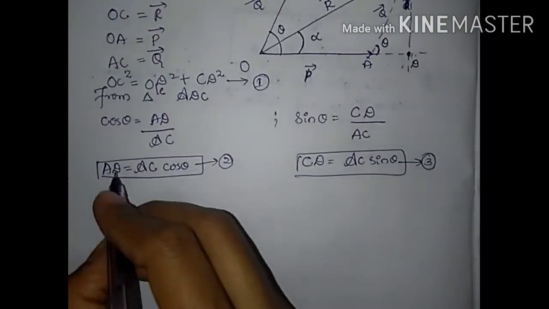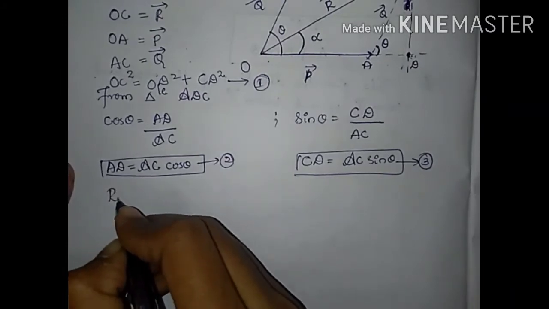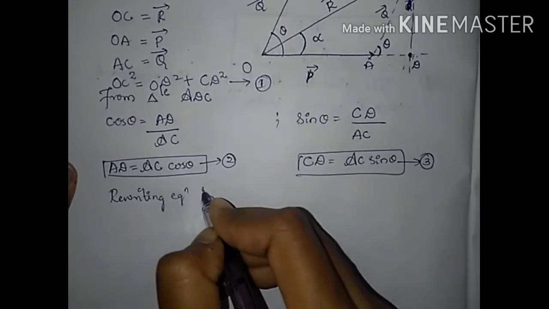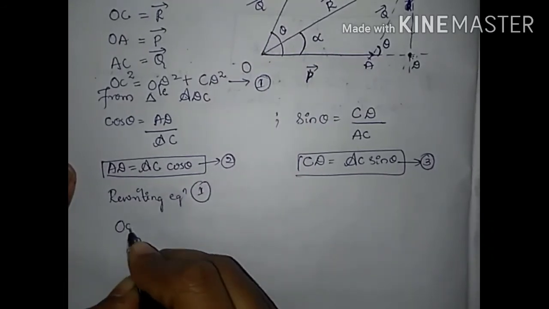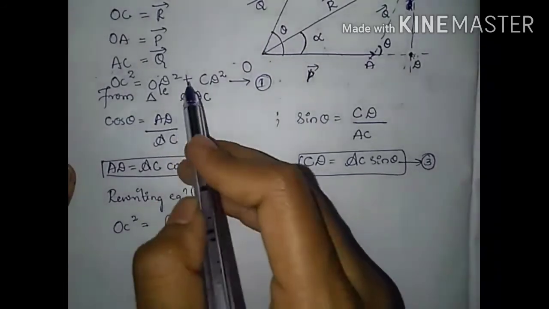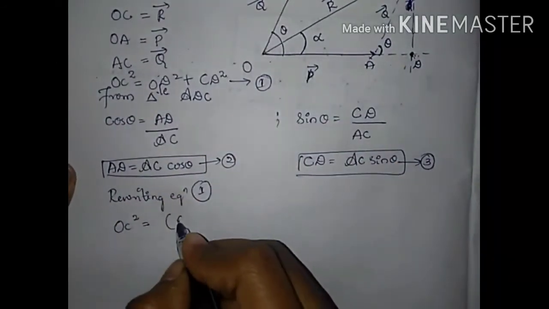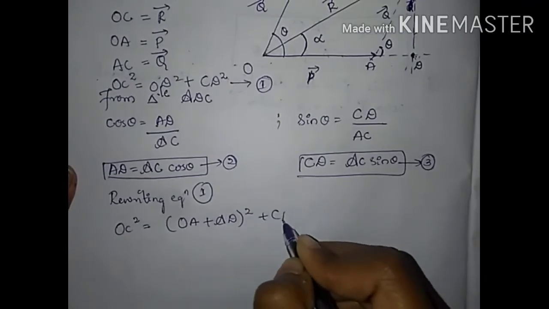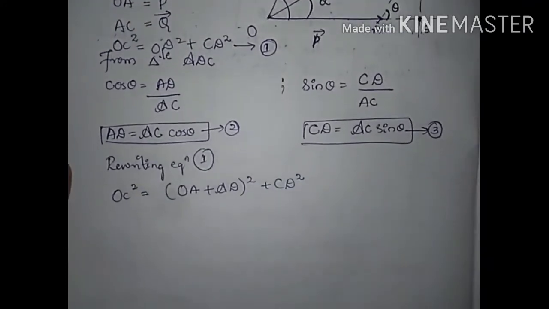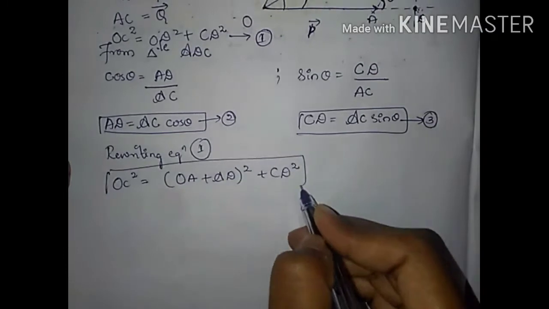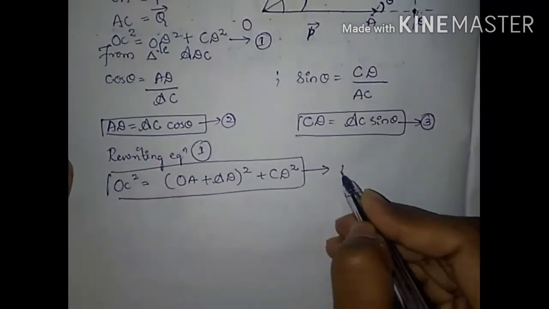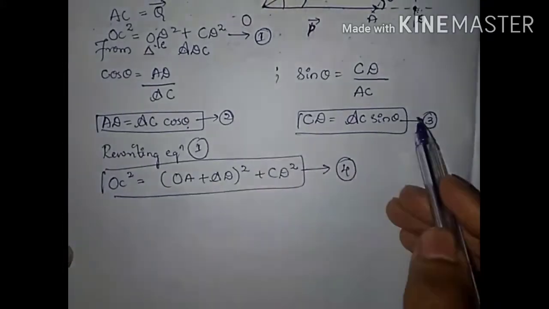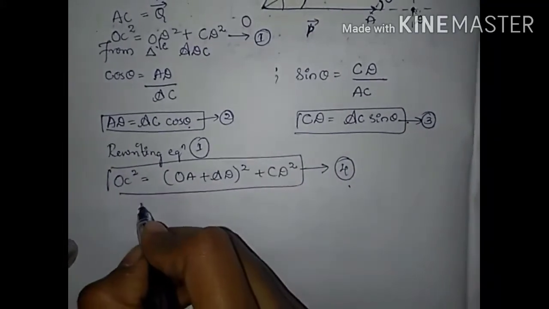If you rewrite equation 1, OC square is equal to, OD square can be written as OA plus AD whole square, plus CD square. So this is equation 4. Now you have to substitute equations 2 and 3 in equation 4.